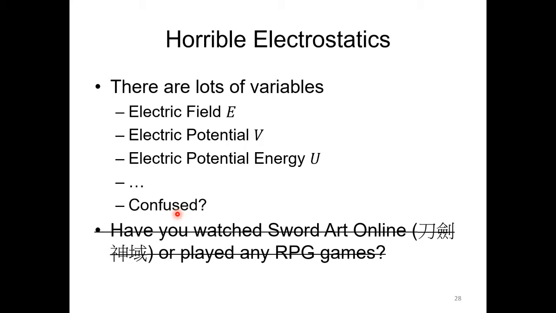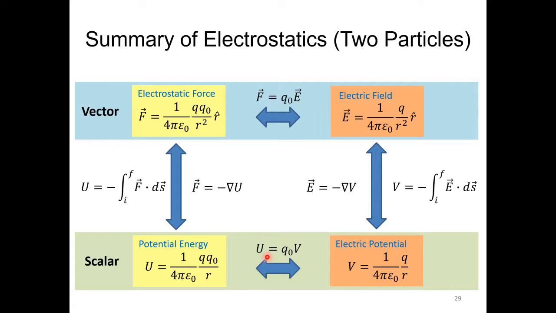When I graded quiz 1, I already felt that some of you cannot distinguish between F and E. And for this chapter, there come V and also U. So it might be very confusing. I tried to write an analogy about Sword Art Online, but I think it's not really perfect, so I just removed those two or three slides. And so it comes up with a summary like this.